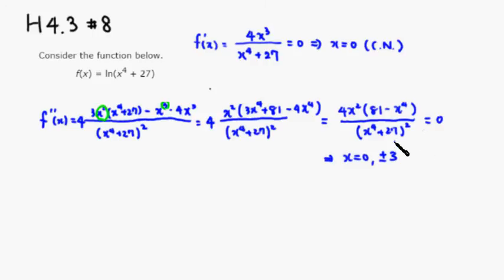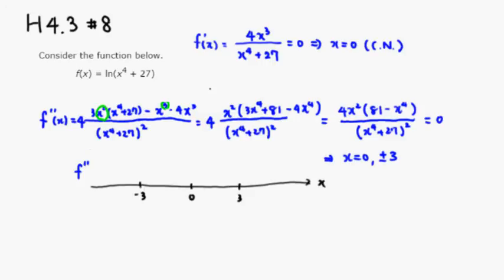So we have that. Alright, then we can just do a number line just to make sure that there's a concavity change. So it's at 0 and also negative 3, and a positive 3. Then we're looking at the second derivative, f double prime.